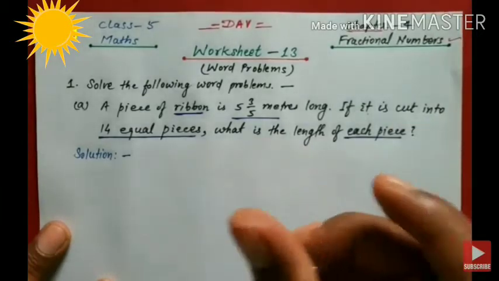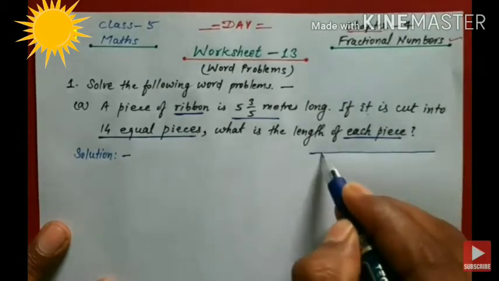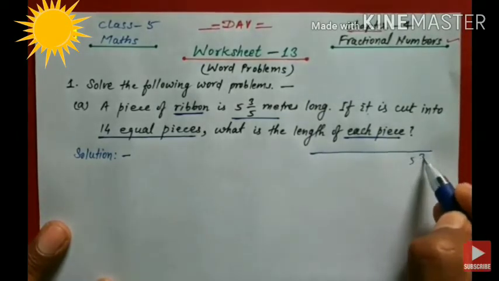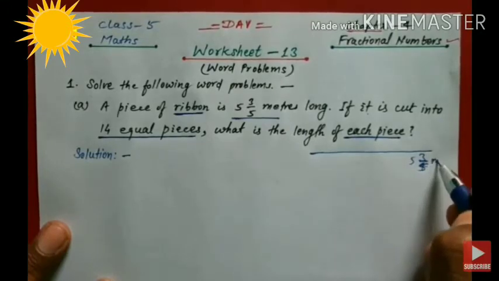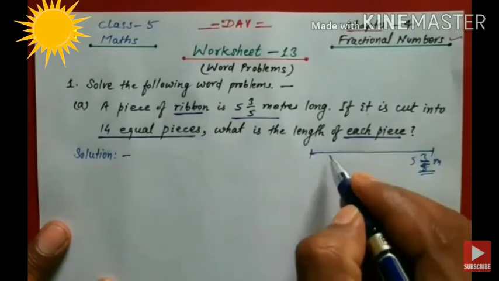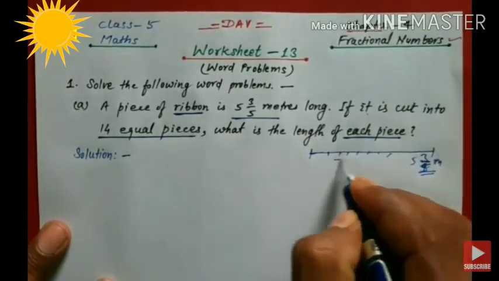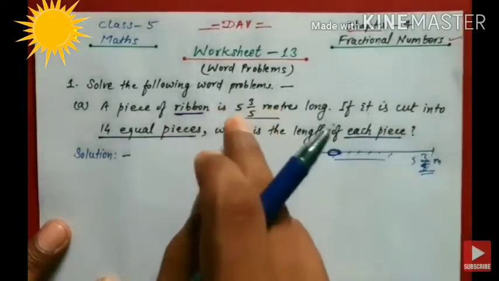We want to find here the length of each piece, and the length of ribbon given here is 5 whole 3 by 5 meter. If we divide this ribbon into 14 equal pieces, then we want to find the length of one piece.